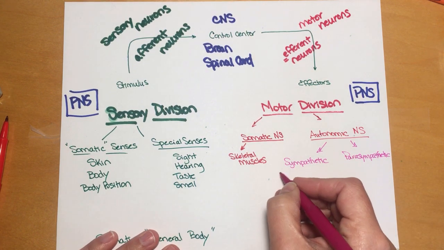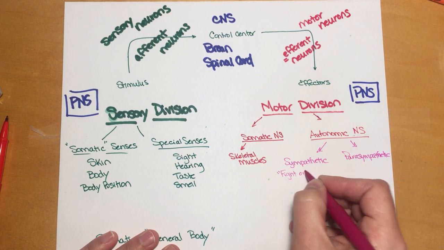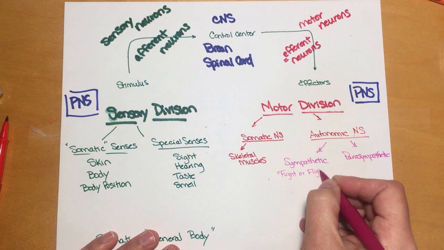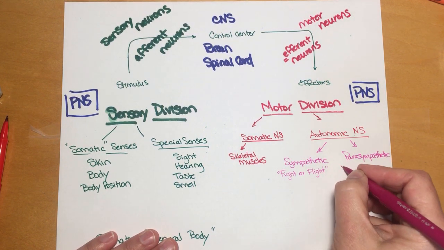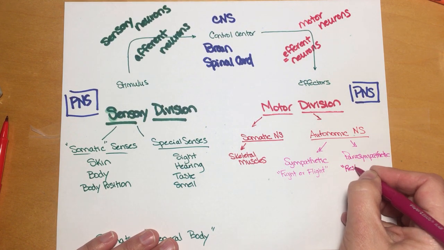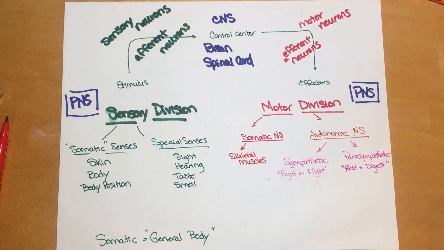These are often thought of, sympathetic is your fight or flight response. So a bear is chasing you, what's going to be happening? Versus your parasympathetic, which is your rest and digest. Meaning you just ate dinner and it's now time to lay down on the couch and watch Grey's Anatomy.